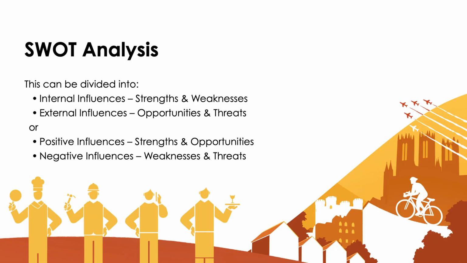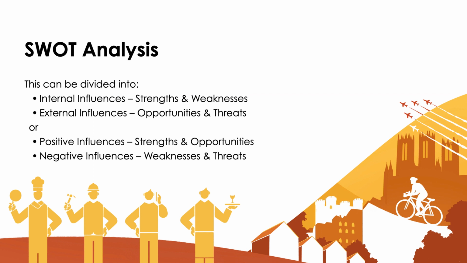So looking at all of these, taking these together, we analyze that information. So we've got our strengths, we've got our weaknesses, we've got our opportunities, and we've got our threats. Strengths and weaknesses tend to be the internal influences, and external influences tend to be the opportunities and the threats.